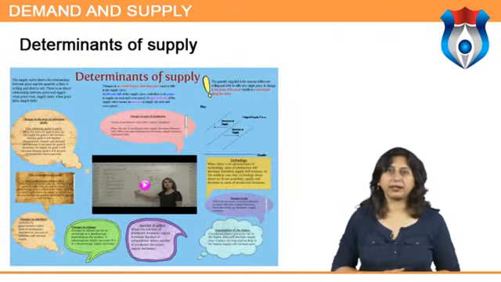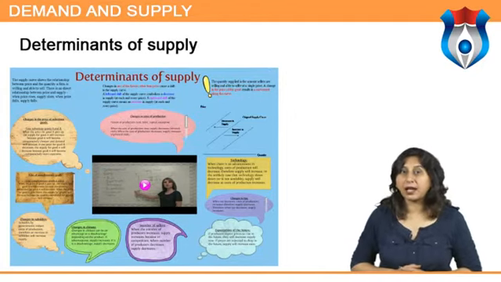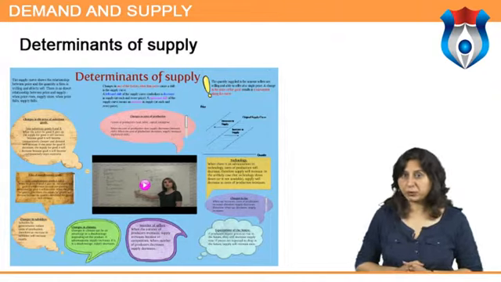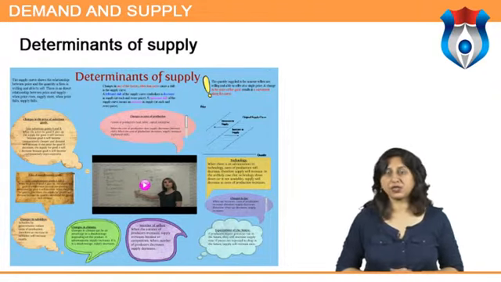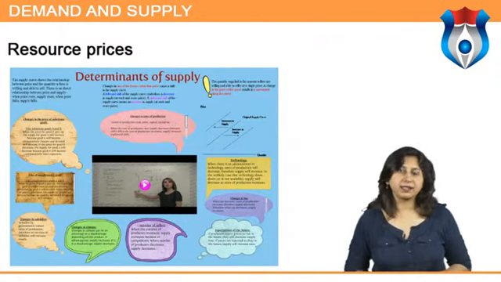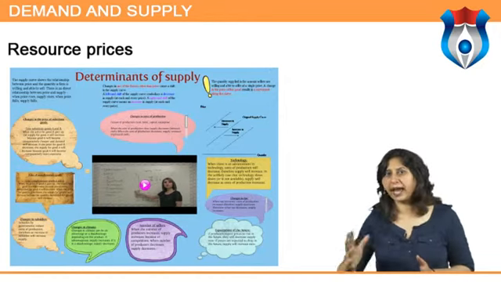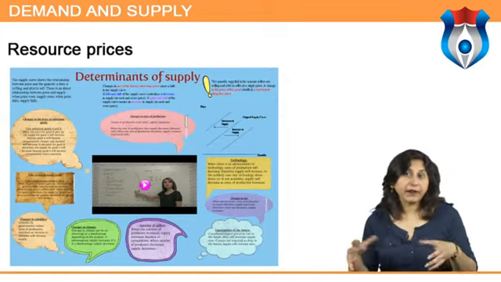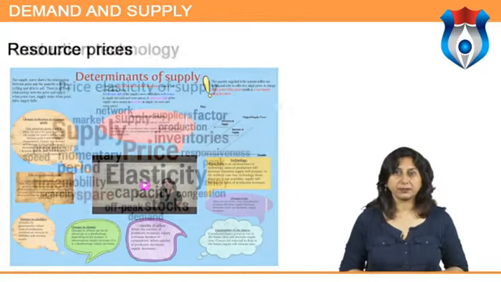Determinants of supply. The 5 ceteris paribus supply determinants are resource prices, production technology, other prices, sellers' expectations, and number of sellers. Resource prices: the prices paid for the use of labor, capital, land, and entrepreneurship affect production cost and the ability to supply a good.